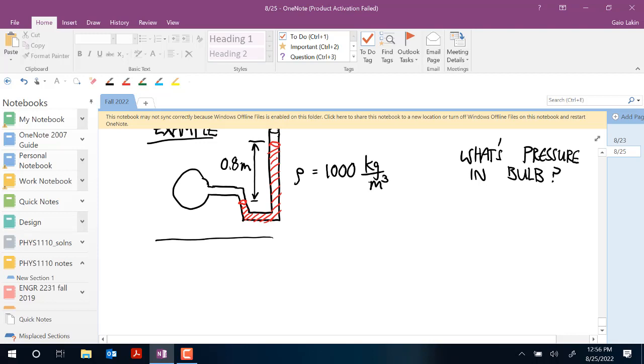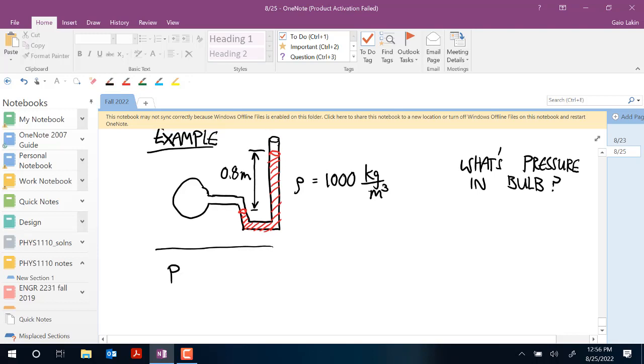Well, the pressure that we're trying to find is that lower pressure. We'll call that P. So that's equal to the atmosphere plus rho g h. That's right. Yep. The standard atmospheric pressure, I didn't give one here, so we're just going to assume it's at its standard value, 1.01 times 10 to the fifth pascals, plus the density.